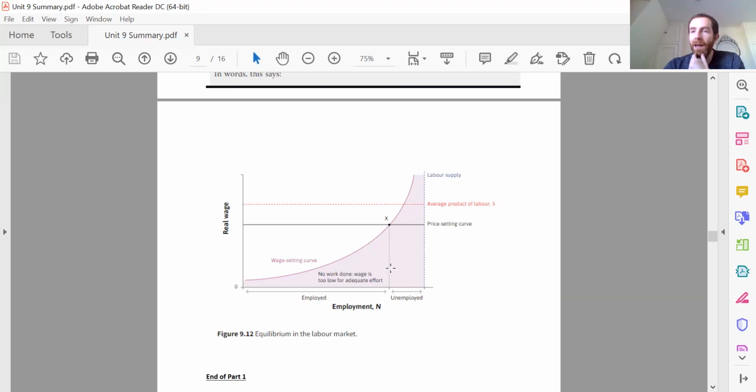Right? So that's how we get our equilibrium with this model. It's where the price setting curve and the wage setting curve meet. And so we've got our real wage and then a level of employment as well as a level of unemployment.